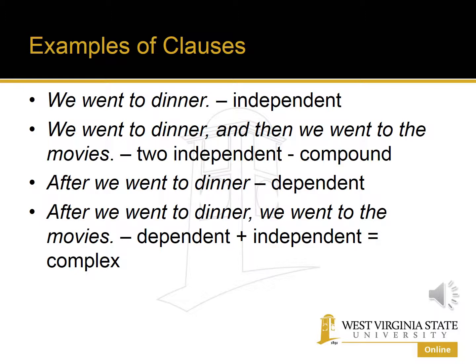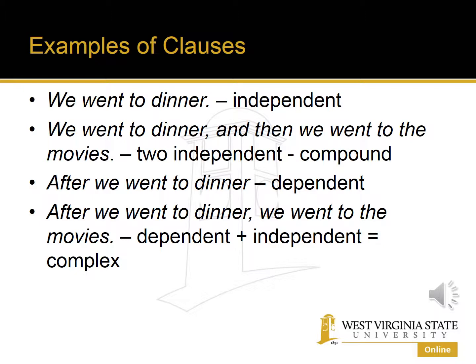And the highest style of all would be a compound complex sentence where we have two independent clauses and a dependent clause. But for these examples, you really have a choice. Do you want two independents to make a compound, or do you want a dependent and independent to make a complex sentence?